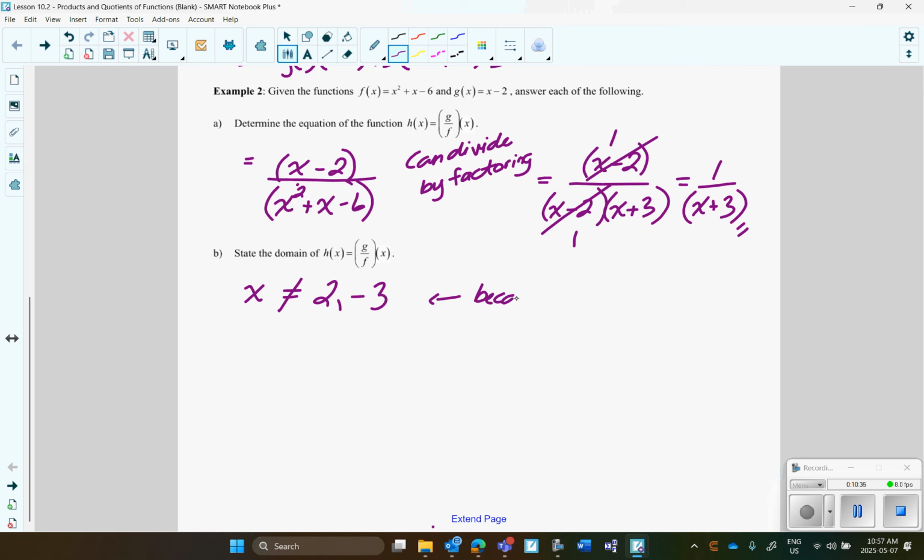Because when x squared plus x minus 6 is in a denominator, because we're dividing, that means NPVs, non-permissible values, will kick in.